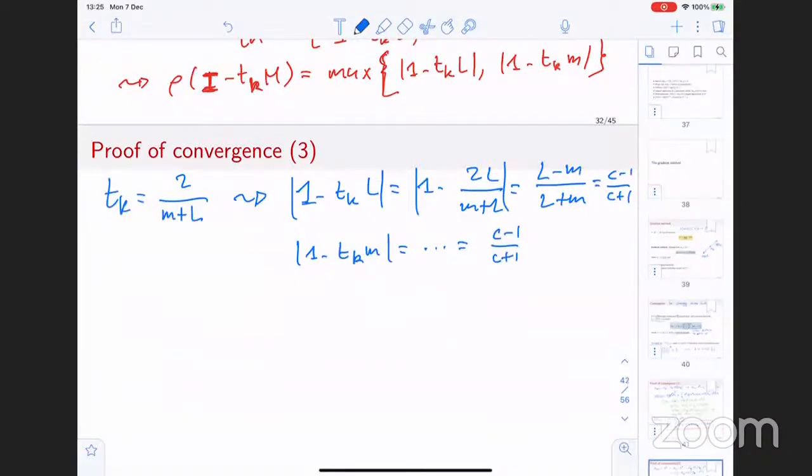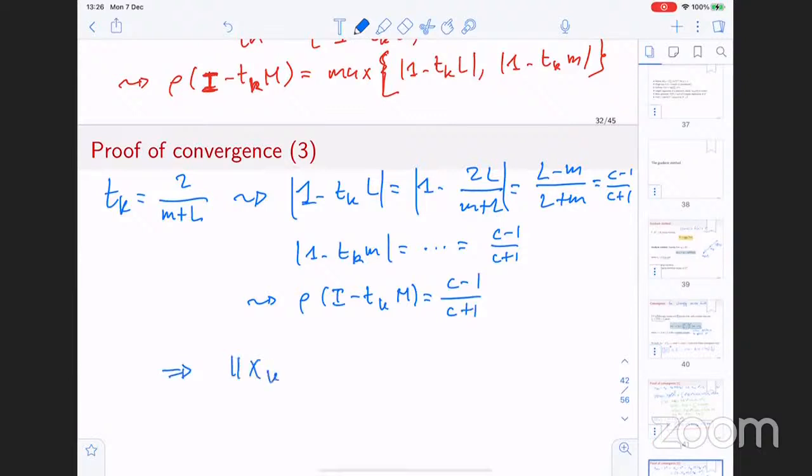So for this choice of t_k, this means that rho of identity minus t_k M is really equal to c minus 1 divided by c plus 1. And so this implies that the 2-norm of x_{k+1} minus x star is less than c minus 1 divided by c plus 1 times the norm of x_k minus x star.